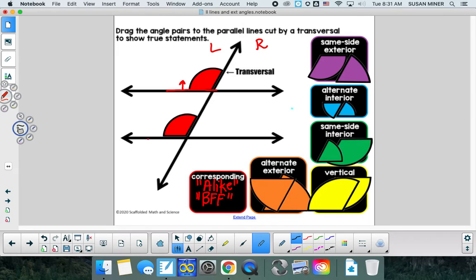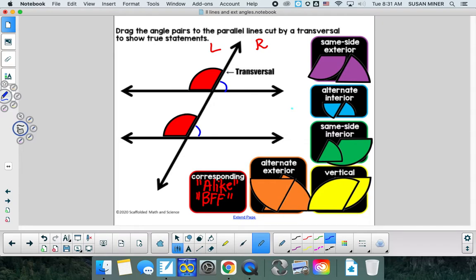They're both on top of the parallel line, and they're both on the left-hand side of the transversal. And these are not the only corresponding angles. There's another set of corresponding angles here and here.